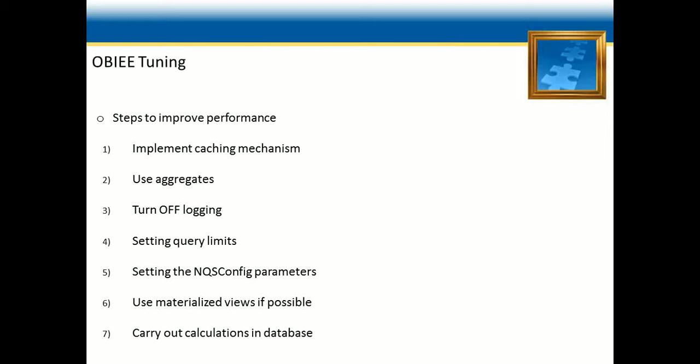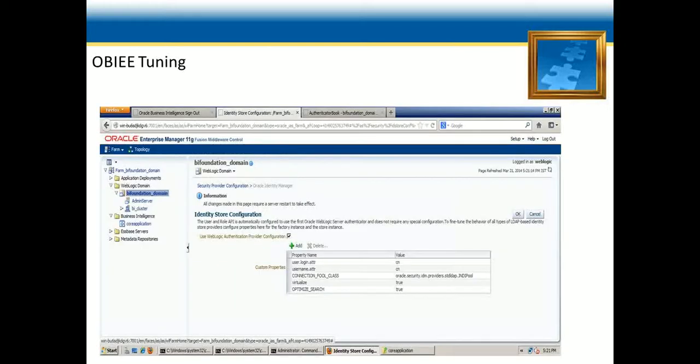Use materialized views if possible. As I told you, materialized views calculate the data already, so that you can have good results. Carry out calculations in the database itself. Don't carry out the calculations in repositories or reports, so that you can have a good response from the query and the BI server.